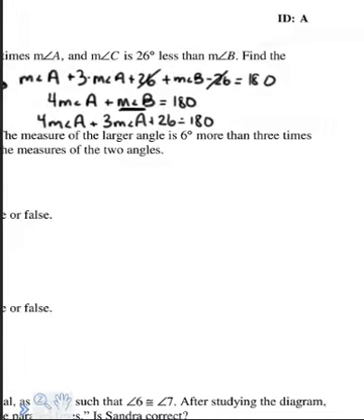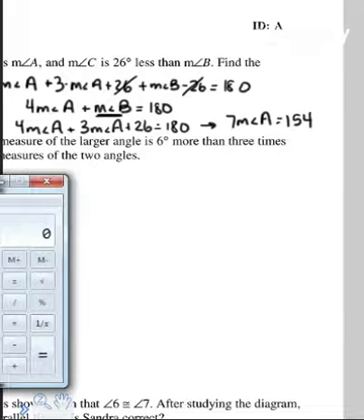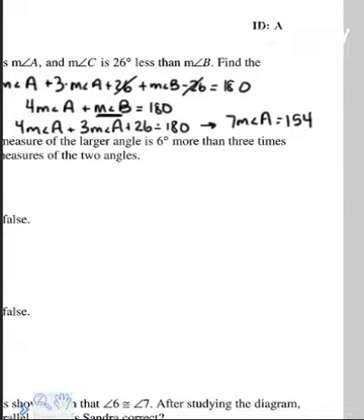So now we've got 7 measures of angle A. If you subtract 26 from 180, 154. 154 divided by 7 equals 22. So the measure of angle A equals 22 degrees.